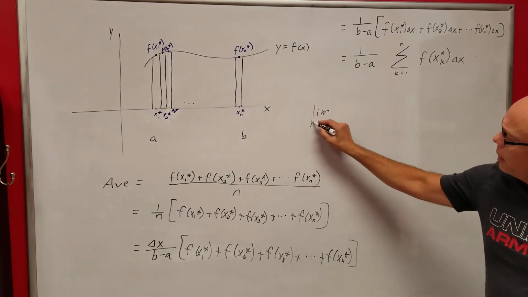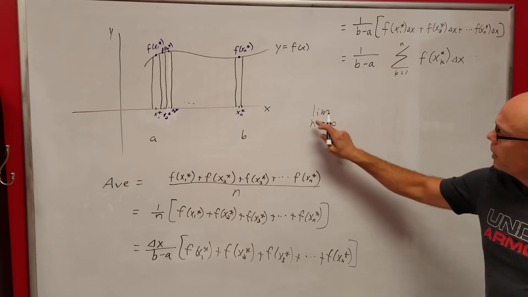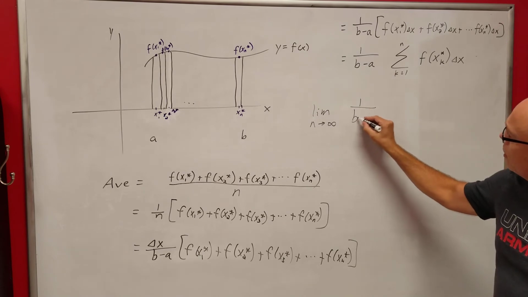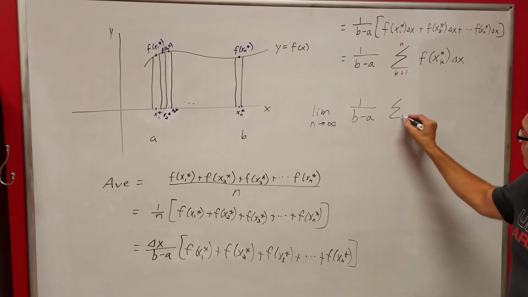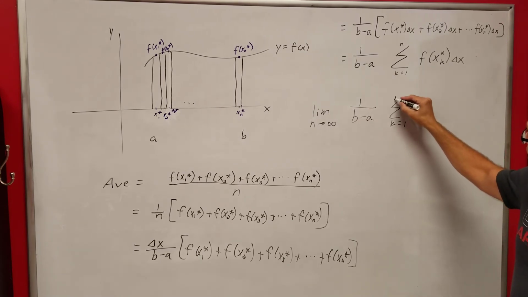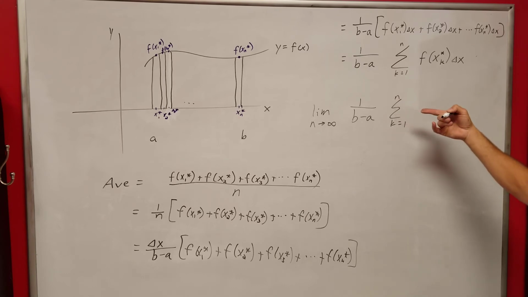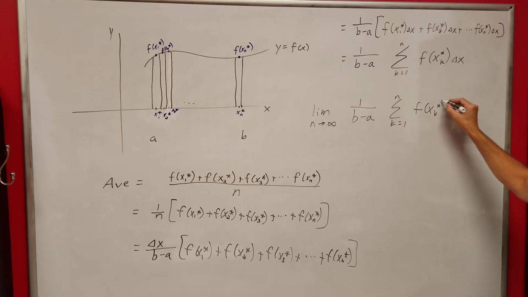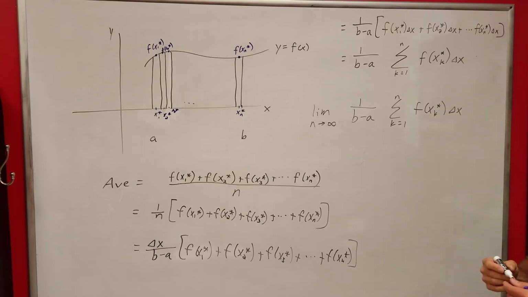The limit as n approaches infinity of this thing. 1 over b minus a times the summation, where k starts at 1 to n, of f of x subscript k star delta x.